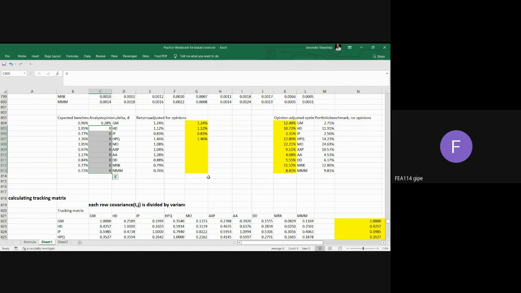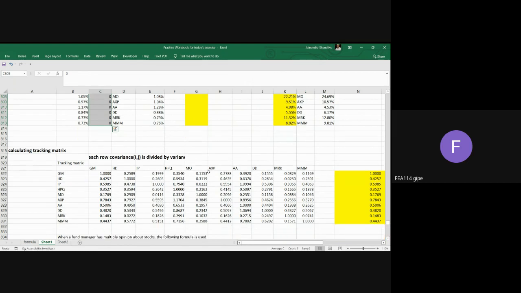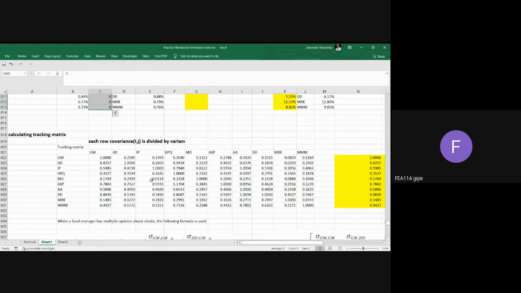You would need a more sophisticated formula, because then there will be correlation of one with the other, and because covariances are not one with one, it is one with another, and because all of them are changing, it's not possible that just because you're using the General Motors formula you can apply it across all of Hewlett Packard, 3M, DuPont, American Express and so on and so forth. So what we need is something called tracking metrics.